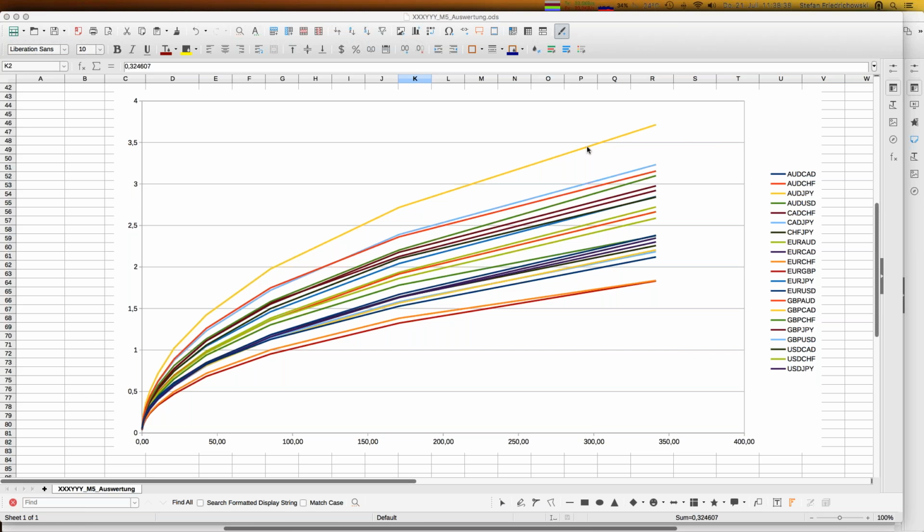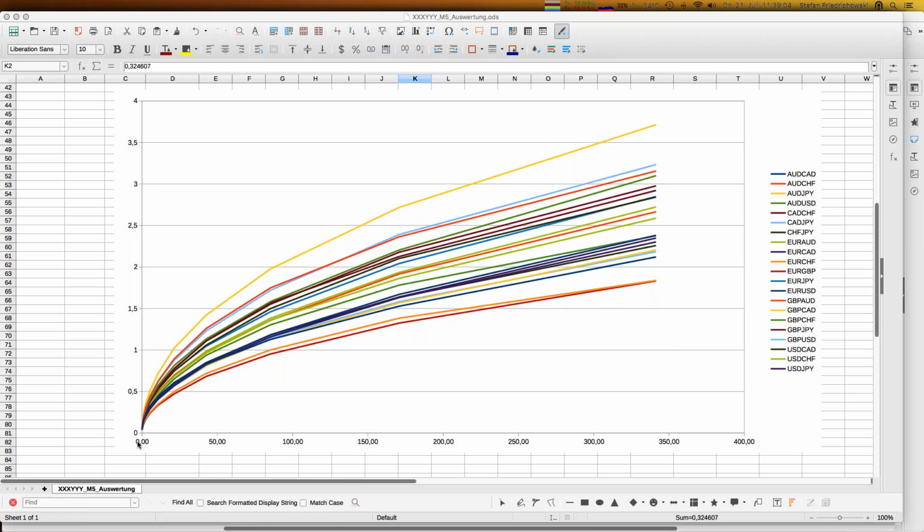And this kind of curve is telling you much more than you would expect at first hand. Let's look at the first one. By the way, the highest one is Australian dollar, Japanese yen. So we have this kind of typical movement after a certain time scale.